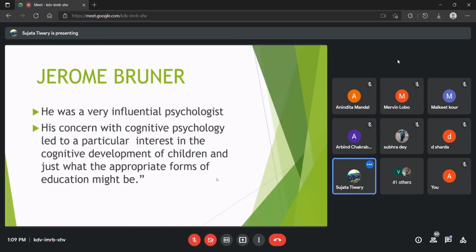So this is explained by Jerome Bruner: in cognitive development, the education should be according to their mental development. A standard 3 child does not have that much developed brain or IQ level. He can understand the hypothesis, different principles, Archimedes' principle, like he understands that heavy things sink and light things float.